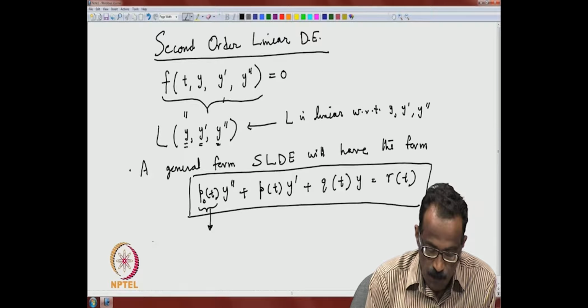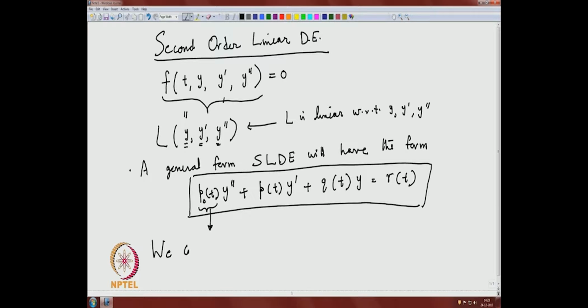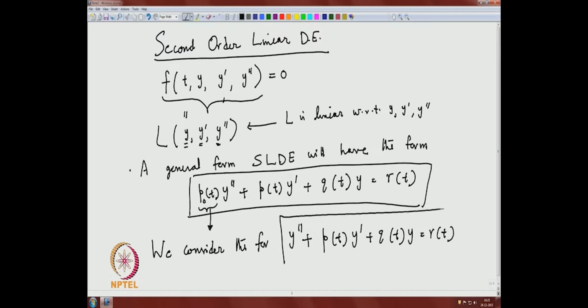So, the general form we consider is the regular form: y double prime plus P of t y prime plus q of t y equal to r of t. This is the main equation, which we label 1, with coefficients p, q and r.